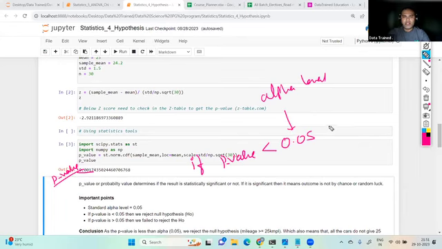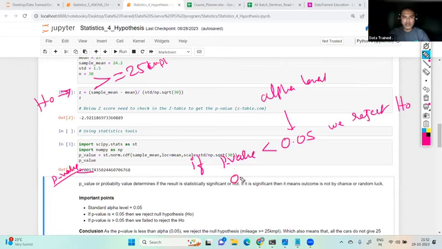If the p-value is less than 0.05, then we reject the null hypothesis. What is the null hypothesis here? The null hypothesis is that all our cars will give greater than or equal to 25 kmpl. So this is the null hypothesis.